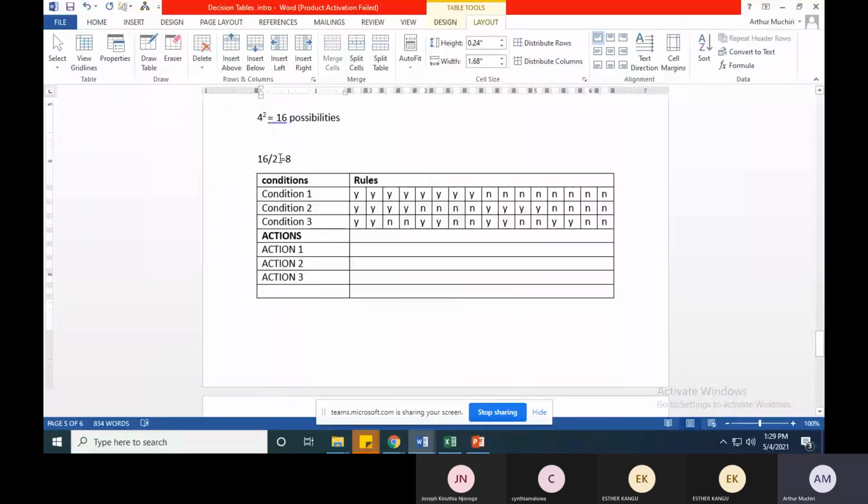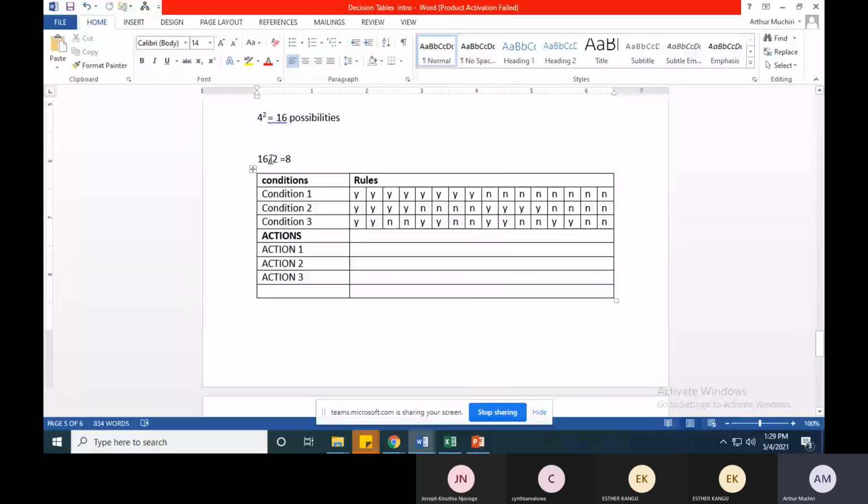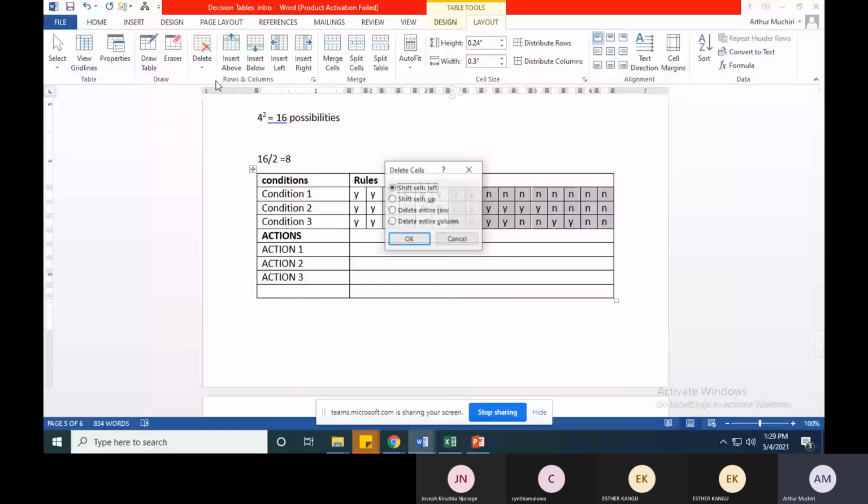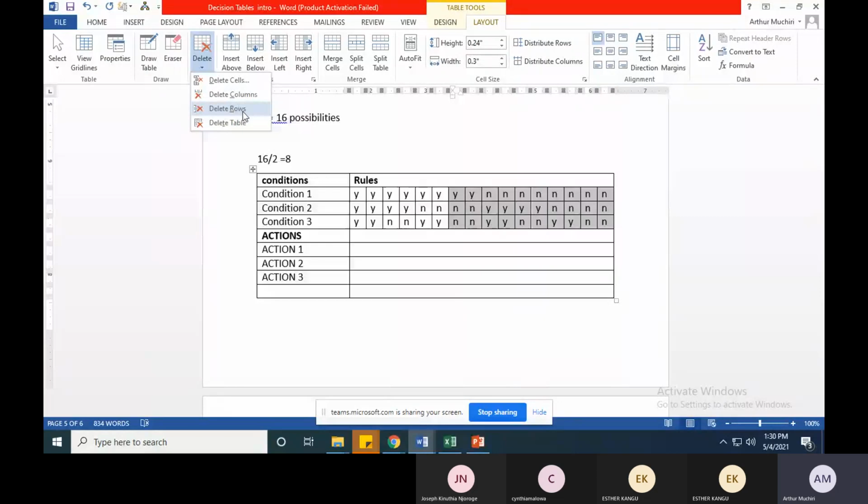So it would be 3 raised to 2, which is 6. Let me try to divide it, it can still work. It's just rough work. I'm trying to check whether we can have a question with 3 conditions.